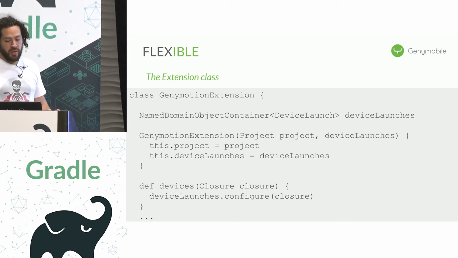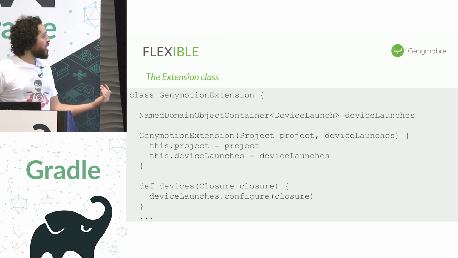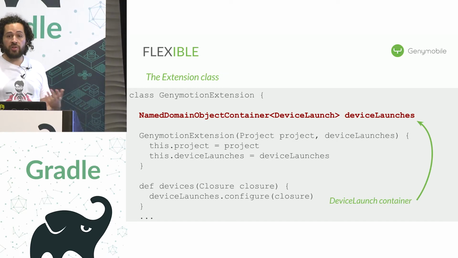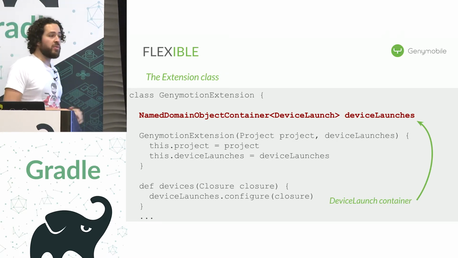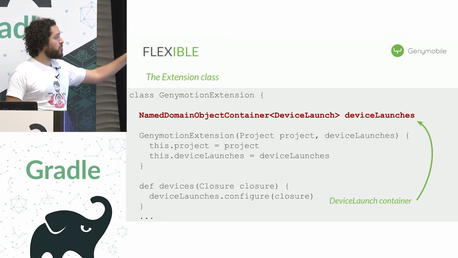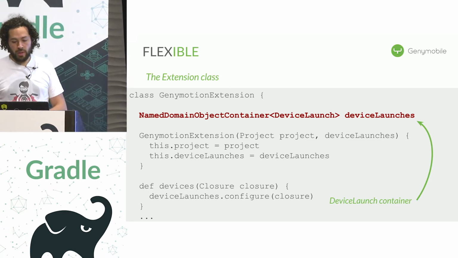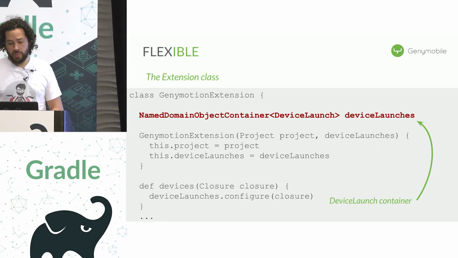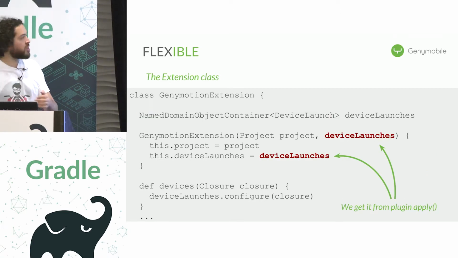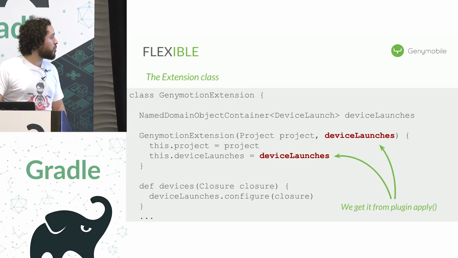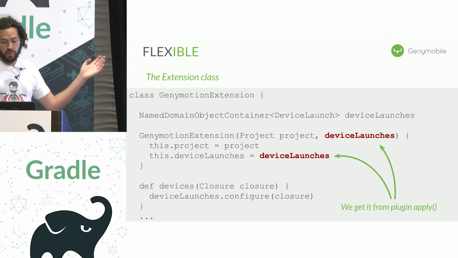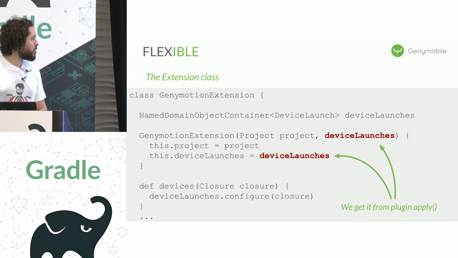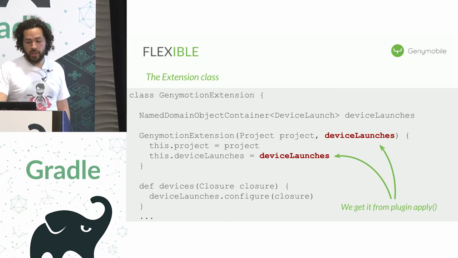Talking about the Genymotion extension, what we have actually is that we receive the container that has been created. The name of this container is a named domain object container, and it will contain device launch objects. This device launch container is received as an argument on the extension constructor, and we just store it locally. Okay.